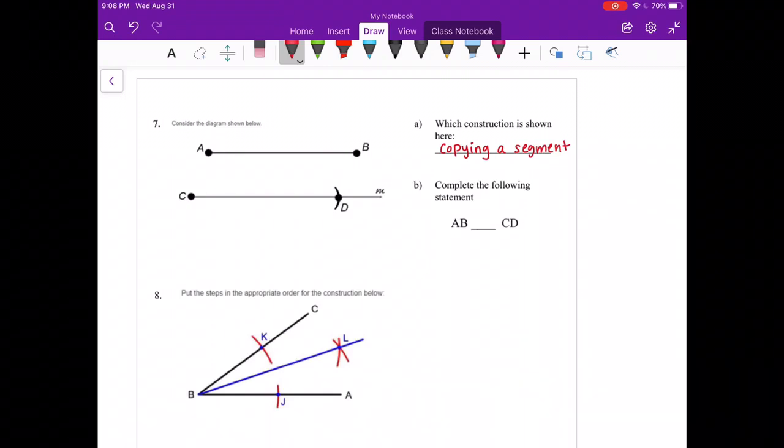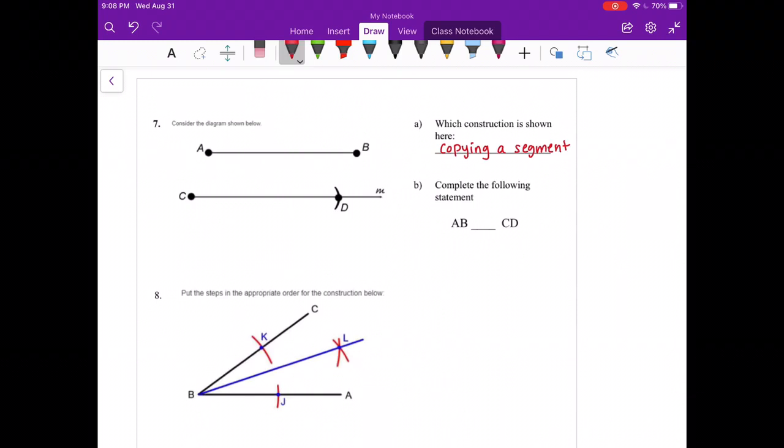For problem number 7, it's important that you recognize this diagram as the construction for copying a segment. Now, whenever we copy anything, basically we're making a replica of it that is identical or the same as the original.